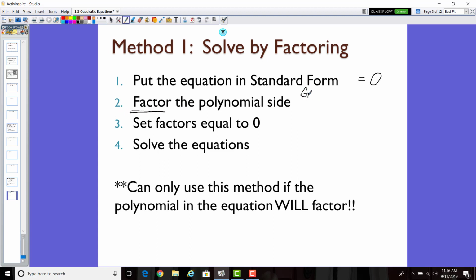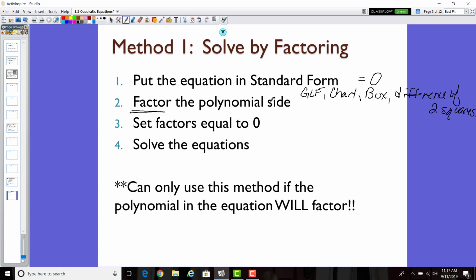Factoring, remember, can be the GCF method, chart, box, difference of 2 squares. How you factor here is dependent on what the polynomial looks like.